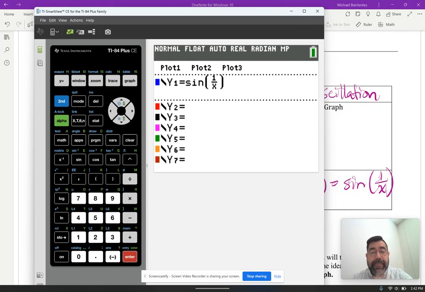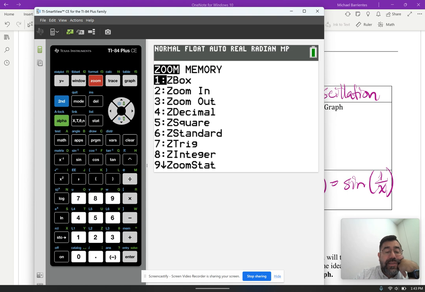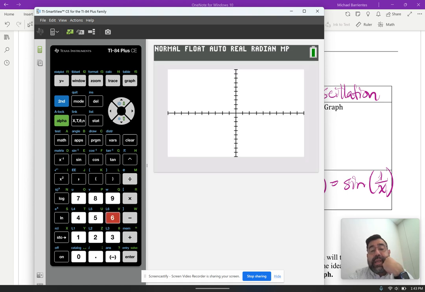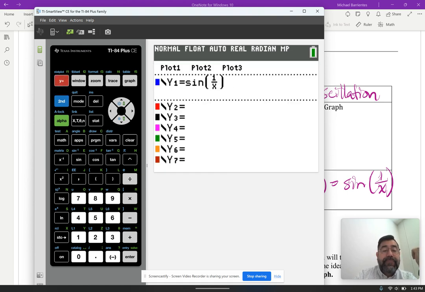So here's the function, sine of 1 over x. Now we are in radian mode because we'll be dealing only in radian mode for our derivatives and our behavior models for trigonometric functions. I'm going to do a zoom 6 to get a standard window. And, oh, I didn't turn it on. Let's graph.